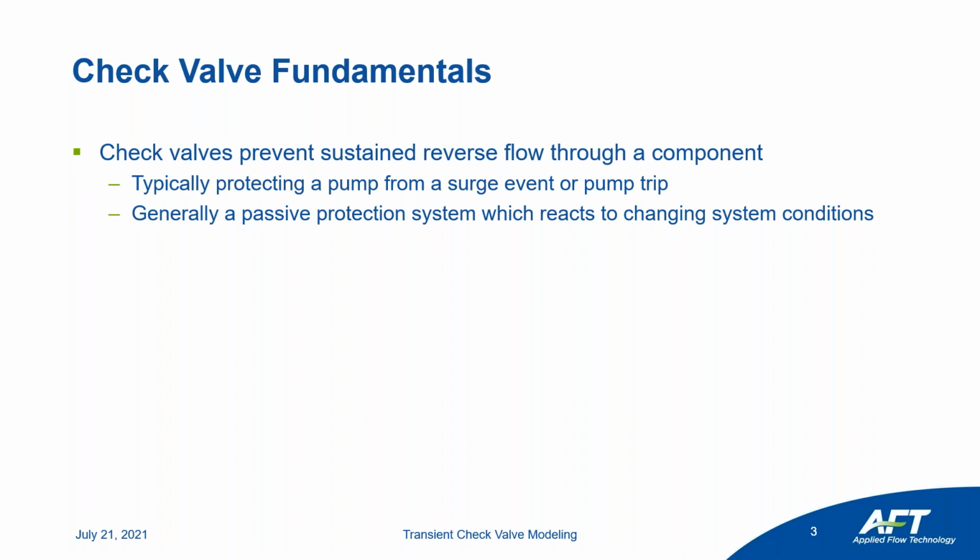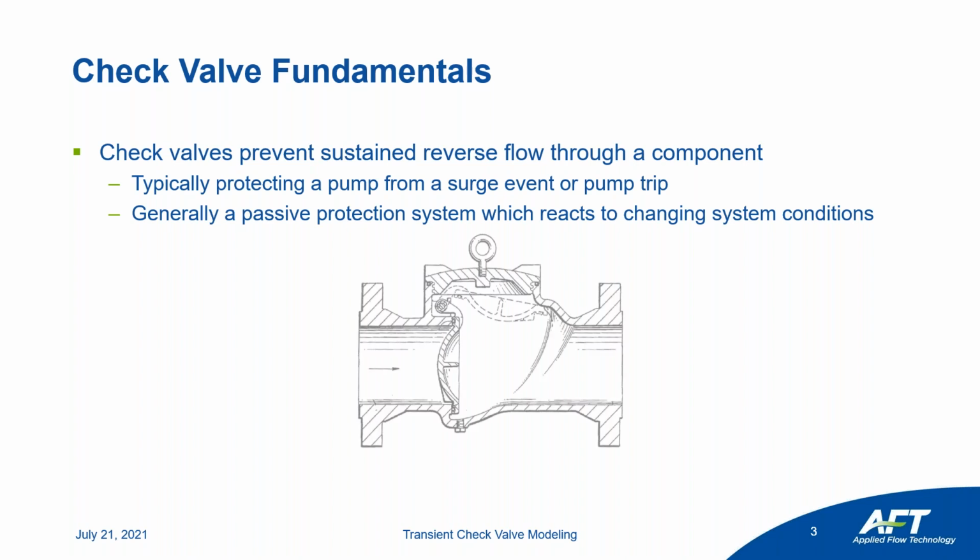Instead, it's all driven on how flow reverses and how that change in direction of flow changes the state of that valve. As we'll see, there's a lot of different ways that you can design check valves, and they're going to create drastically different responses to a sudden flow reversal.